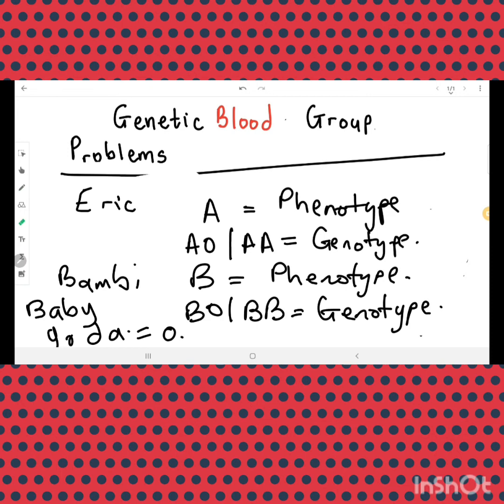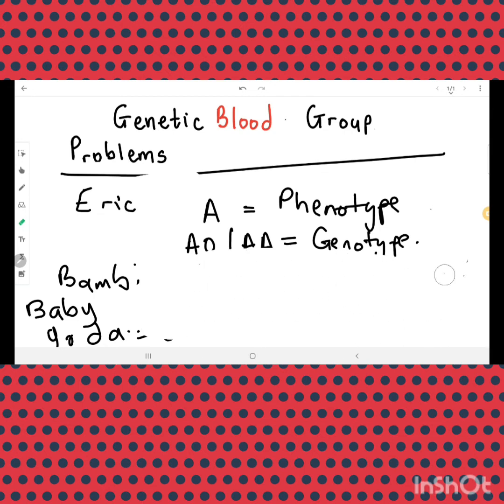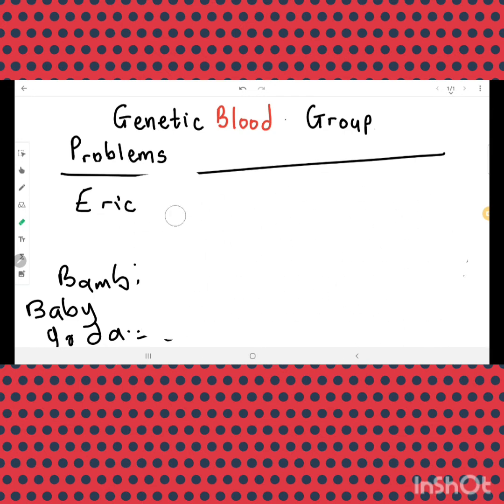Now let's run the Punnett square. Let's start with the possible combinations. This might take us a little time.